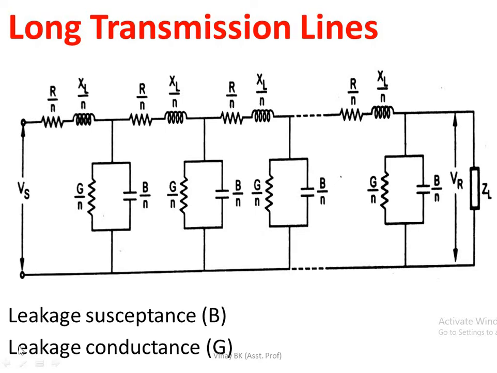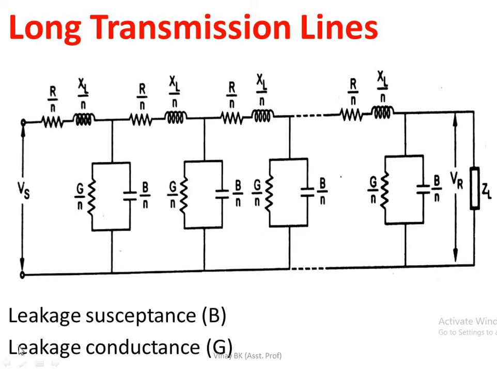If such an assumption of lumped constants is applied to a long transmission line, with length more than 150 kilometers, it is found that serious errors are introduced in the performance calculations. Therefore, to obtain a fair degree of accuracy in the performance calculations of long lines, the line constants are considered as uniformly distributed throughout the length of the line.